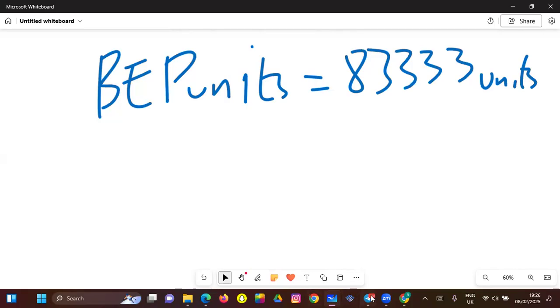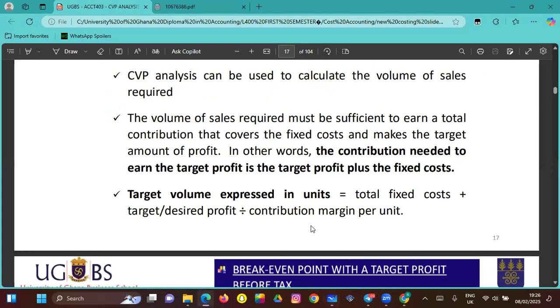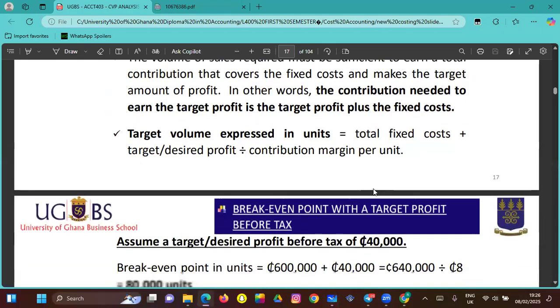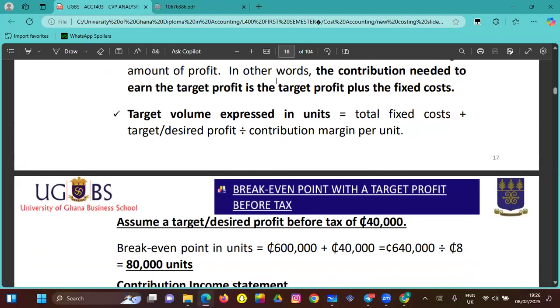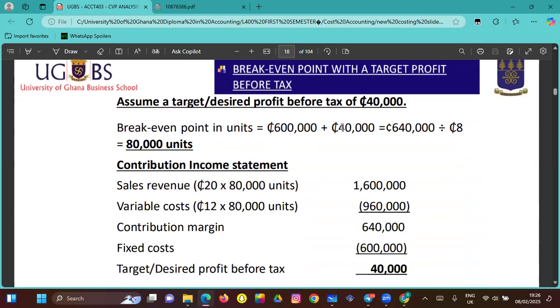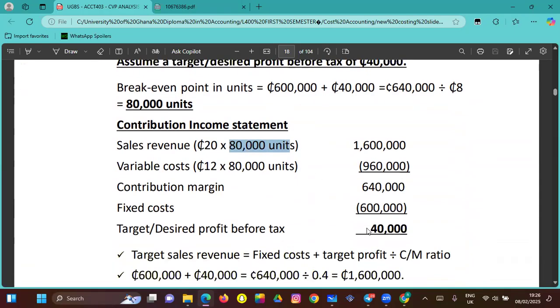I've summarized it in here. Let's just go on the slides and see. So I've treated everything here. If we want to prove it, you bring in your units, you multiply your selling price to it, and you get your sales. So at the end, you are going to get your profit, right?